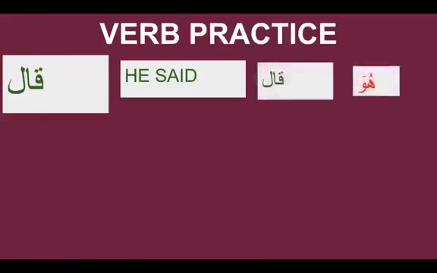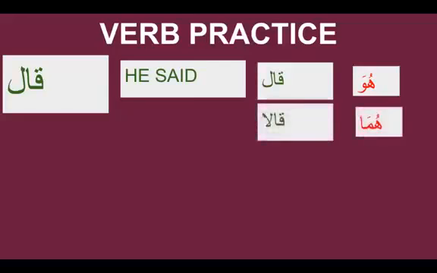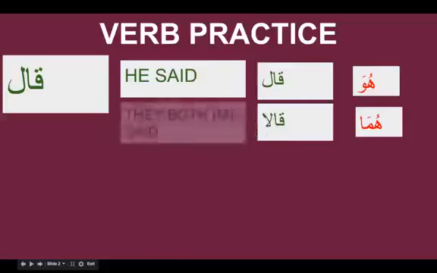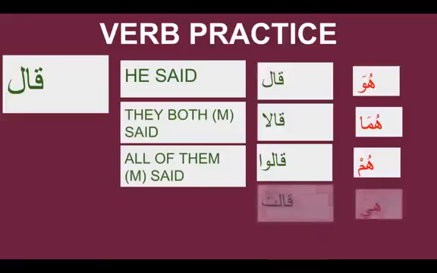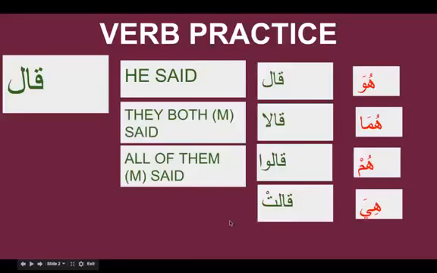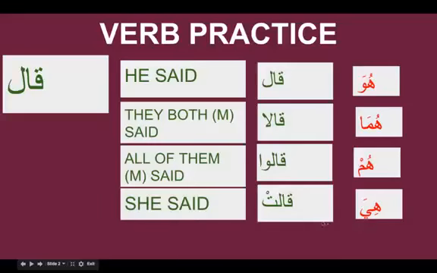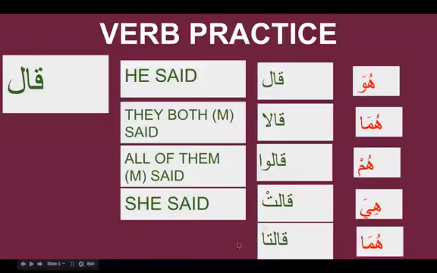Huwa qala. So this normal conjugation, what we do? Huma qala. So alif musanna we add here, the dual. So they both male said. Hum qalu. Qalu, wow represents hum, and alif is a spelling rule. So all of them said. Hiya qalat means she said. Huma qalata.